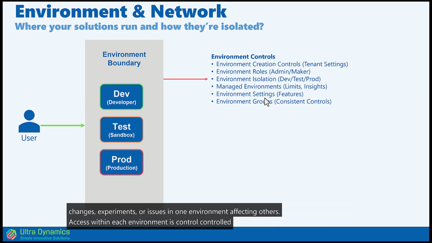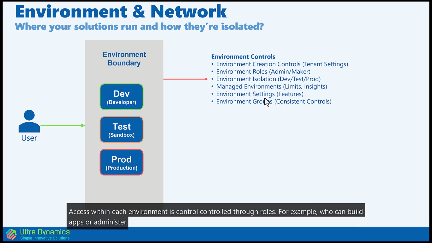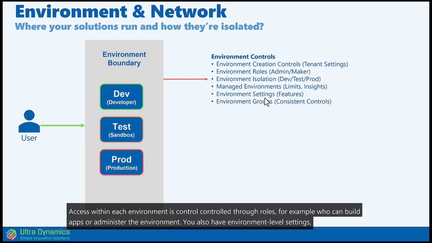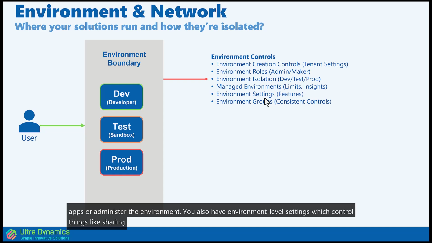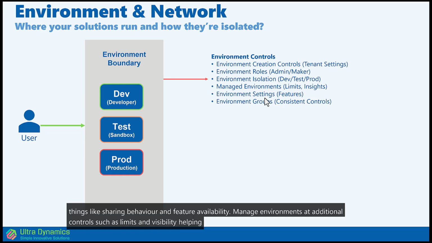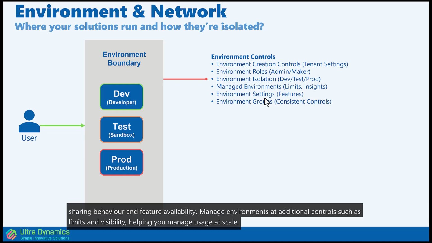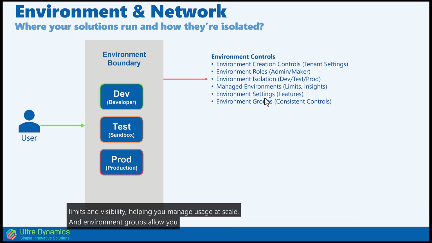For example, who can build apps or administer the environment? You also have environment level settings, which control things like sharing, behavior, and feature availability. Managed environments add additional controls such as limits and visibility, helping you manage usage at scale. And environment groups allow you to apply consistent controls across multiple environments.